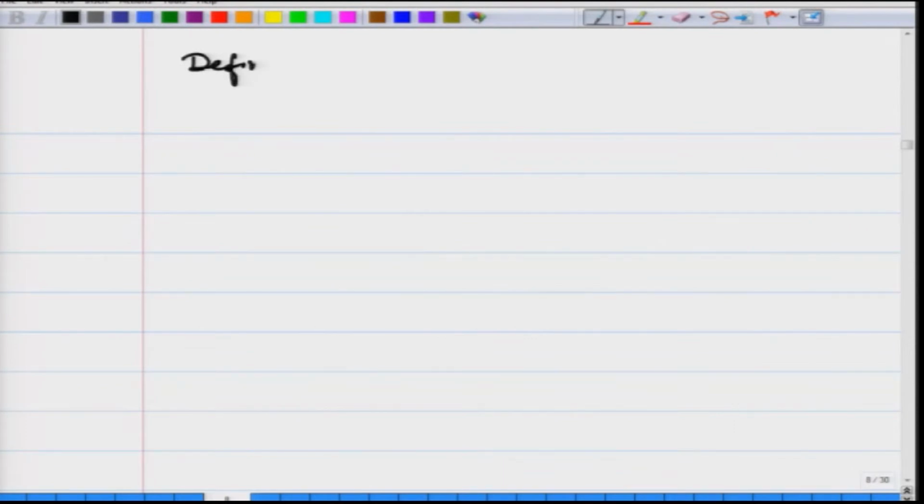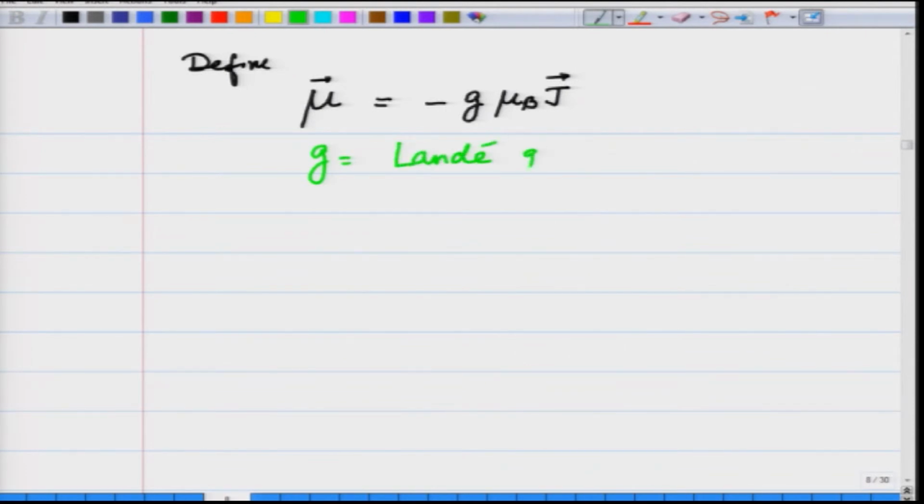So now we are going to define mu due to this total angular momentum as equal to minus g mu B J, exactly like we were doing for the orbital angular momentum or the spin angular momentum. g now we are going to call the Lande g factor, or simply the g factor. It gives you the proportionality constant between the total angular momentum and the magnetic moment.